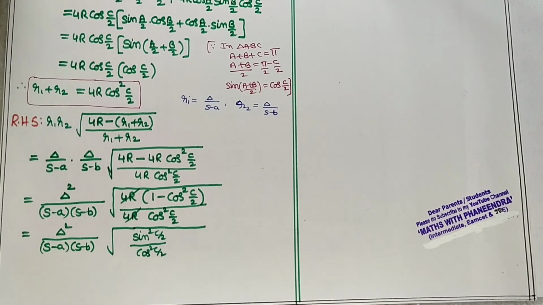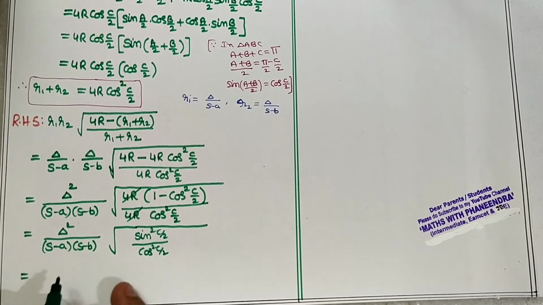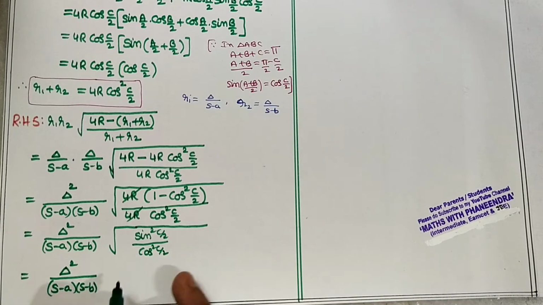Sin square c by 2 by cos square c by 2 is tan square c by 2. So delta square divided by s minus a into s minus b into square root of tan square c by 2.